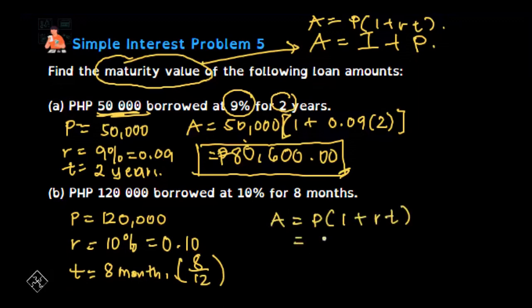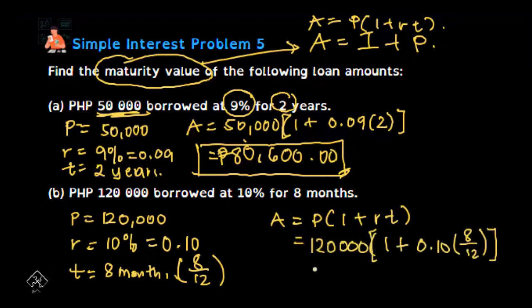P is 120,000, the borrowed money. So, 120,000 times 1 plus R would be 0.10. And then we have the months, 8 over 12. Okay, let's compute them. Ito muna, 1 plus 0.10 times 8 over 12.